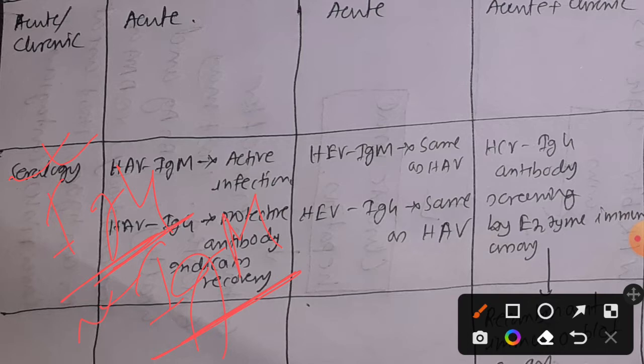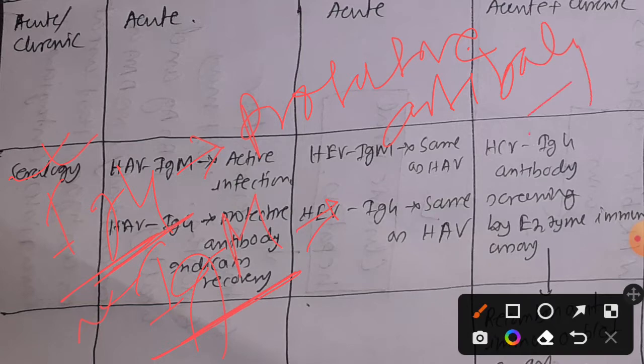Okay, in case of hepatitis A and E you will find both of them. So the hepatitis A IgG antibody is a protective antibody. That means it will help us to determine whether our patient is recovering from hepatitis or not, or whether the vaccine is showing its action or not. That means IgG is a good signal, right?